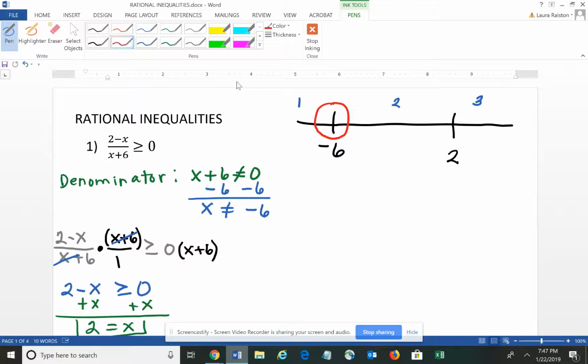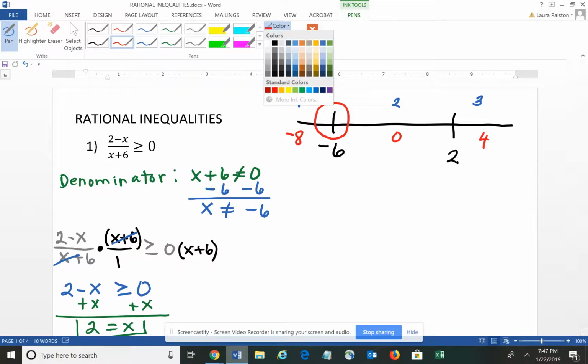We're going to choose a value in each region. So perhaps I choose something like negative 8, 0, and let's say positive 4. And you always want to go back to the original problem to check the regions.